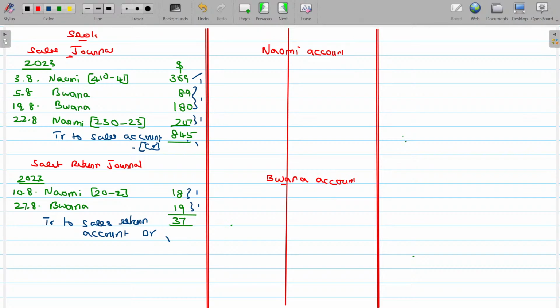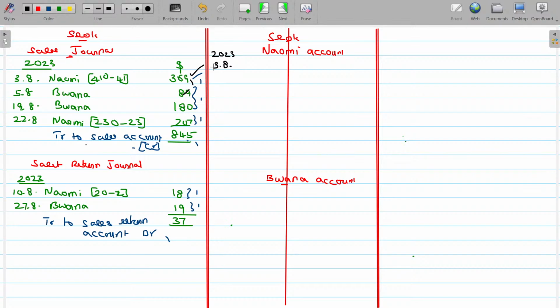In the books of Siok. Now, let's see. The total of the sales journal will be transferred to the credit side of the sales account, and the sales return total to the debit side. There is no doubt. This 369 will be transferable to the debit side of Naomi's account, 3rd August 2023.